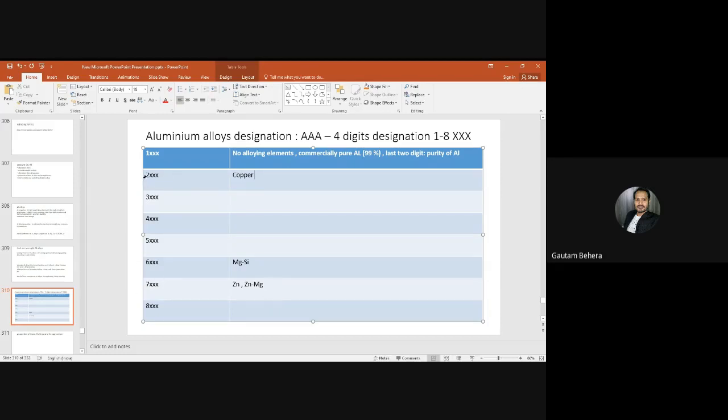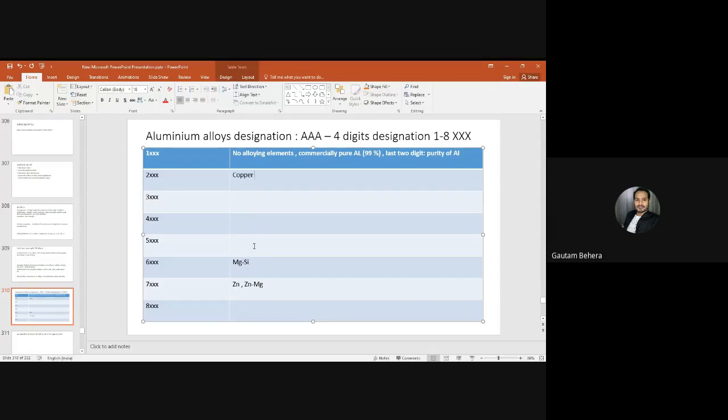Because 2000 series, 6000 series, and 7000 series aluminum alloys are basically age hardenable or precipitation hardenable aluminum alloys. The strengthening mechanism here is precipitation strengthening. Second phase particles form in the primary phase, the alpha phase, or you can say your aluminum matrix. Fine. So it is copper, it is, you can understand, zinc, and it is magnesium silicon.